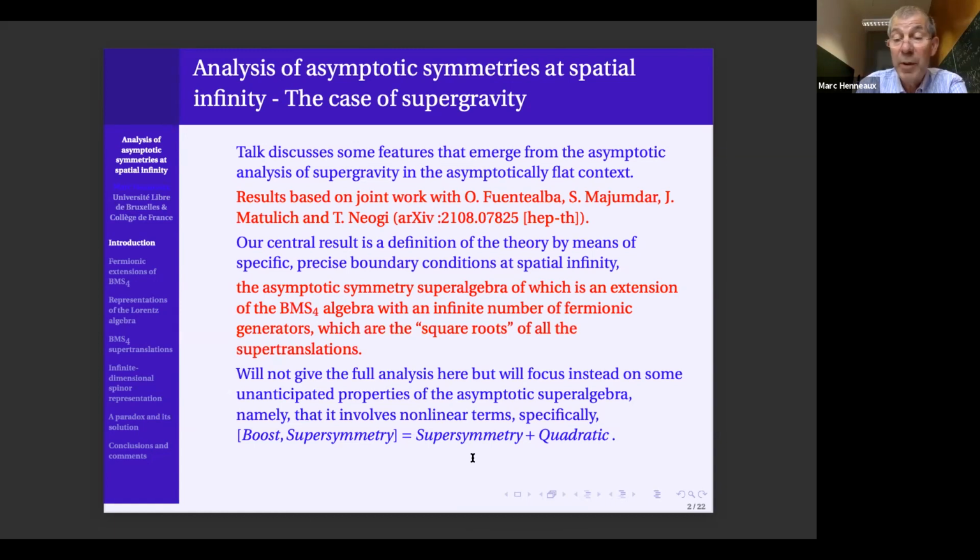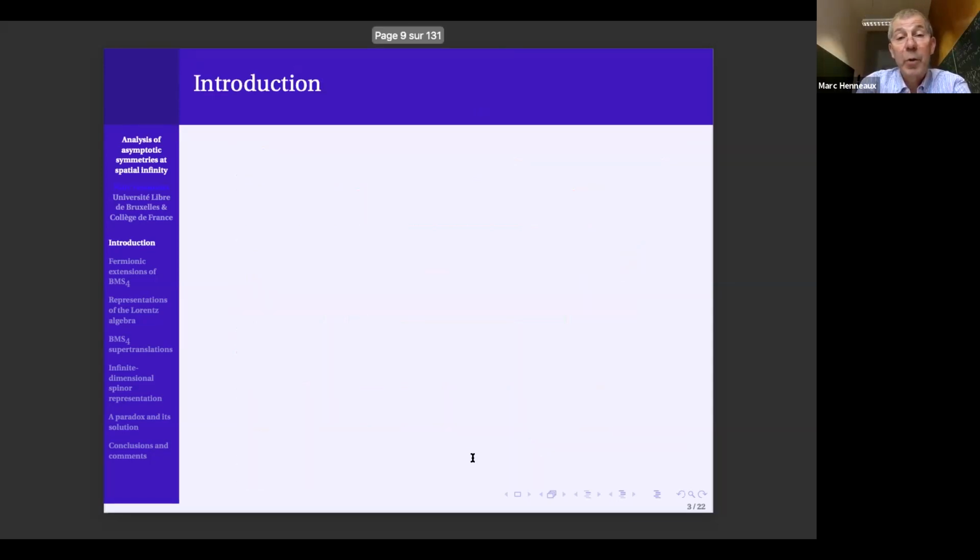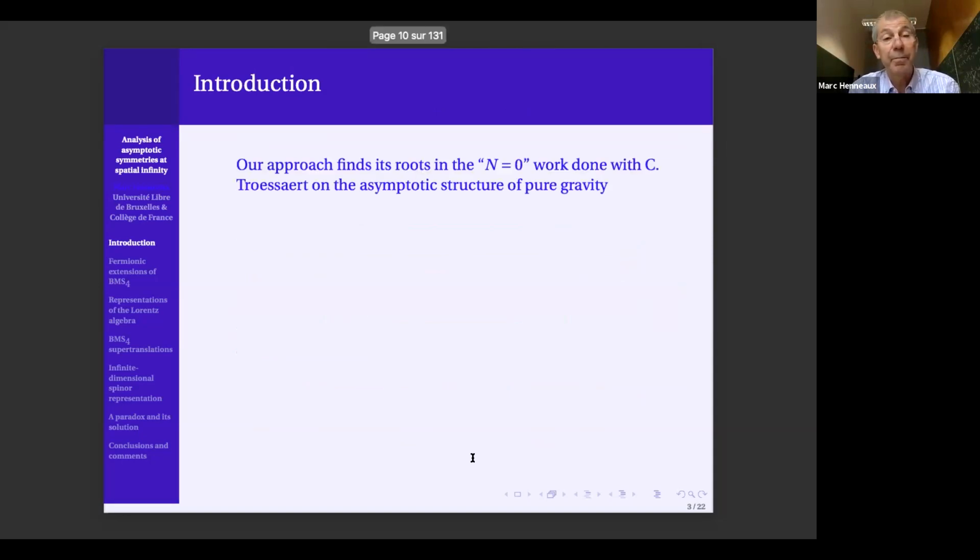And I would like to explain why these nonlinear terms, which are quadratic to be more precise, are in fact necessary. So that will be the main point of my talk.